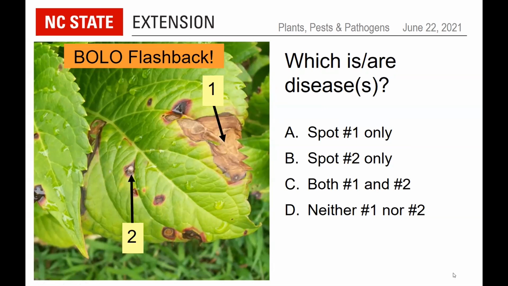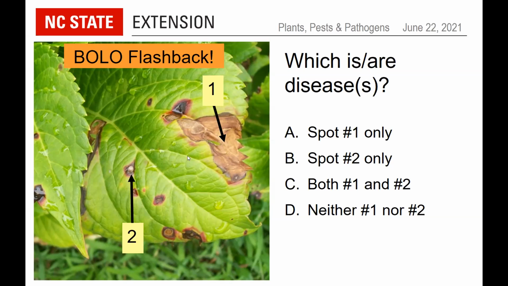Actually, I'll get closer to the microphone here again, make sure we're coming through. So there's a large tan colored blotch there, labeled 1, and a smaller blotch, a little bit more purplish with a light center, labeled 2. So is spot number 1 a disease, spot number 2 a disease, both or neither?